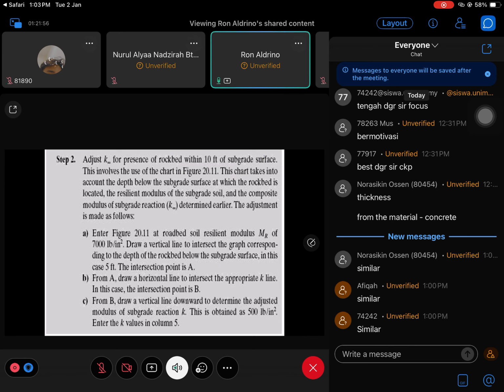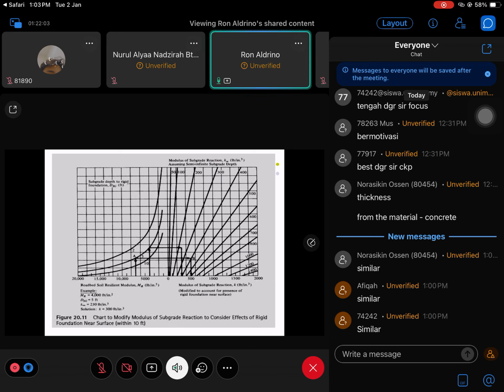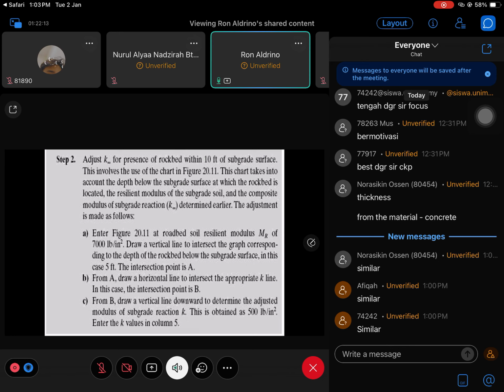You enter from Figure 2011. You adjust it from the resilient modulus of 7,000 pound per square inch, and then you draw a vertical line to intersect the graph corresponding to the depth of the rock bed below the subgrade surface, in this case 5 feet.